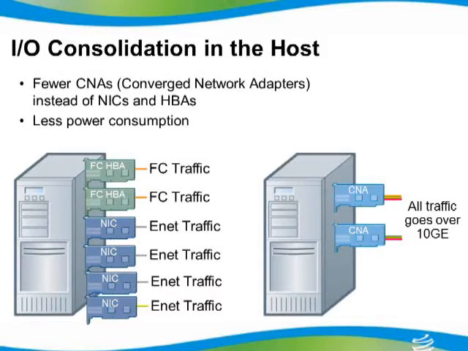So we replace all those network adapters with converged network adapters, which are basically 10 gig network adapters that have the ability to pass Fibre Channel over Ethernet traffic across the same wire. They can virtualize host bus adapters in our environment, meaning I can take this physical adapter and carve it out into, say, 4 network interfaces and 1 host bus adapter.